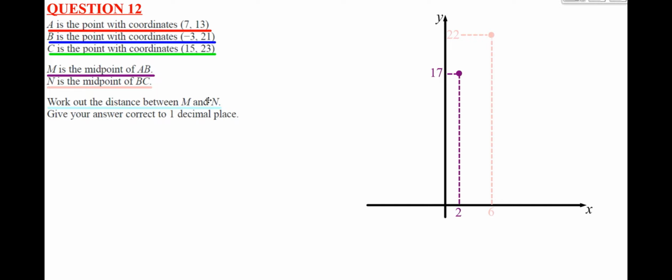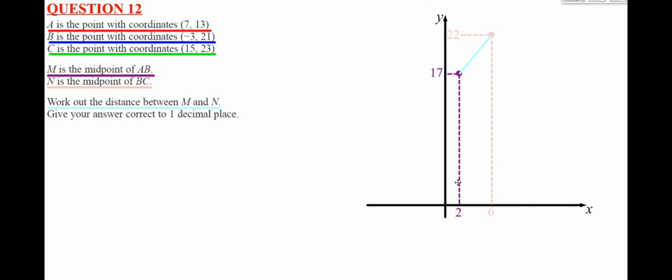And between M and N, I'm going to do this in a light blue colour. The distance in between them is going to be between that purple point and that pink one. This distance here.